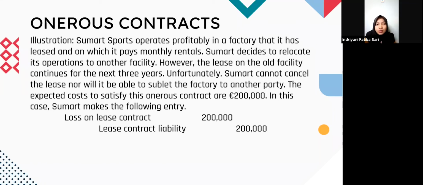For example, Sumbar Sports operates profitably in a factory that it has leased and on which it pays monthly rental. Sumbar decided to relocate its operation to another facility. However, the lease on the old facility continues for the next 3 years.